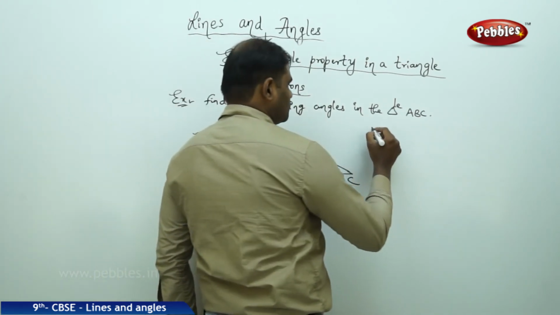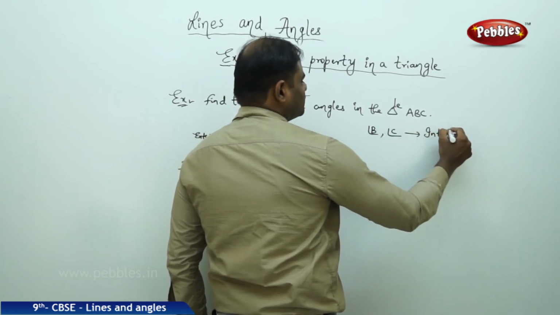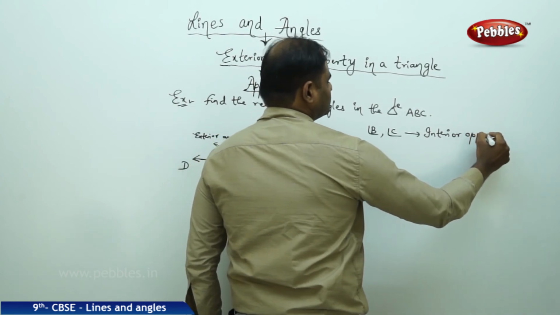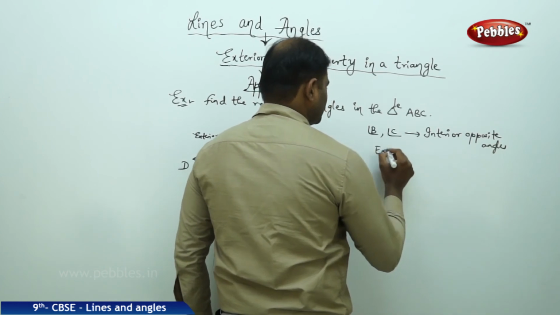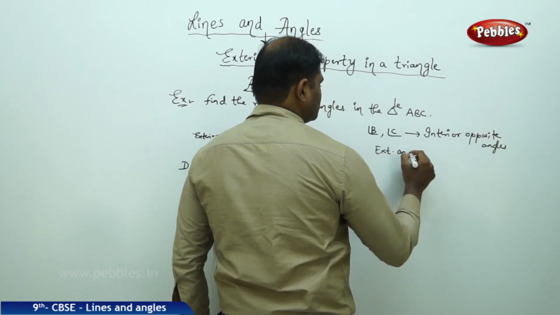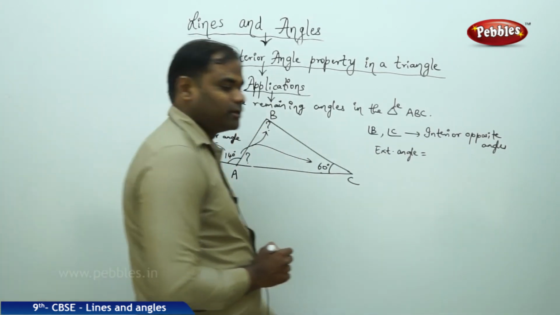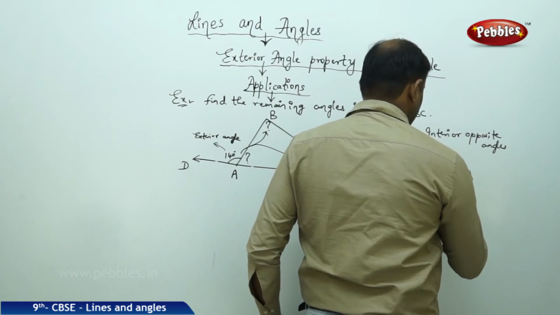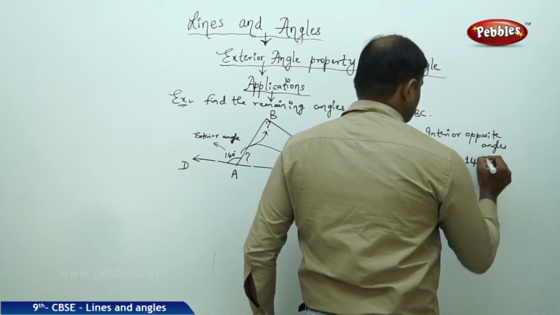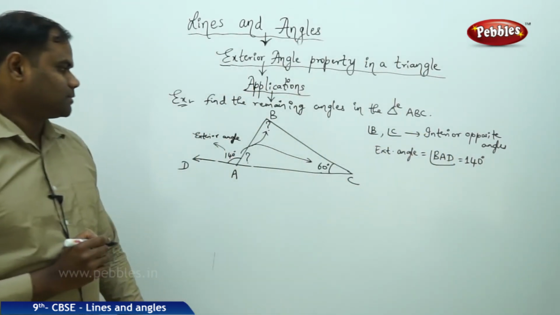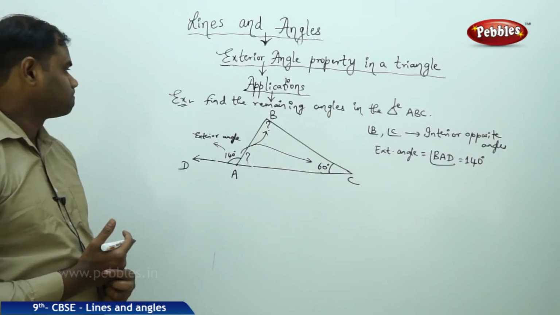So angle B and angle C are interior opposite angles, and my exterior angle out here is BAD, which is 140 degrees.